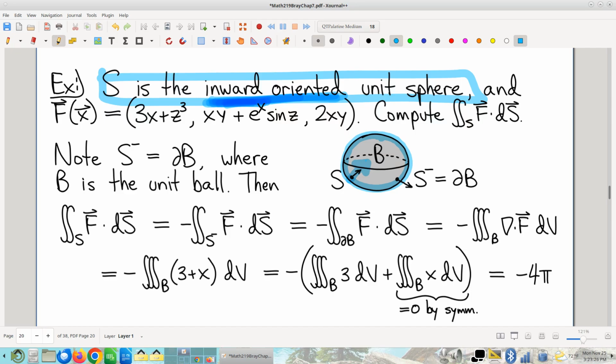Okay. Frustrating, but here's the thing. The inward-oriented unit sphere and the outward-oriented unit sphere that is a boundary, they only differ by their orientation. And an orientation is just a minus sign in the resulting integral.